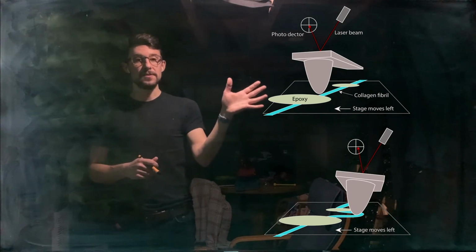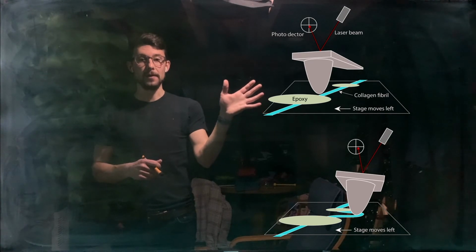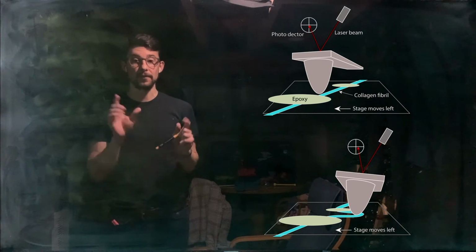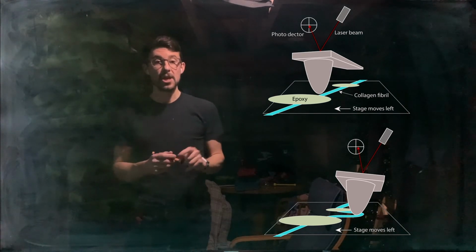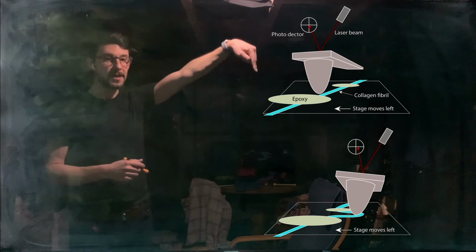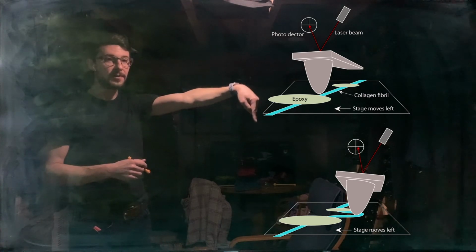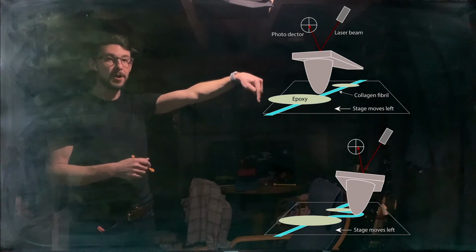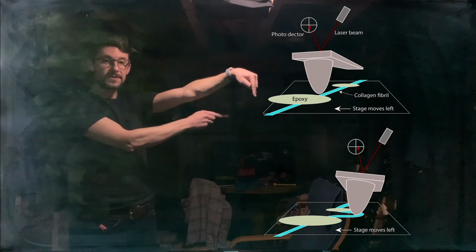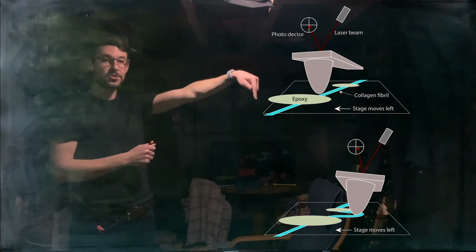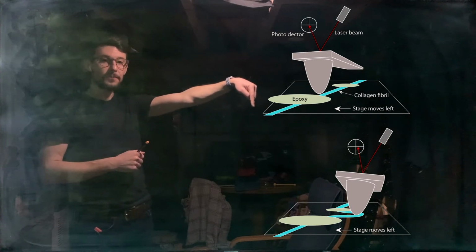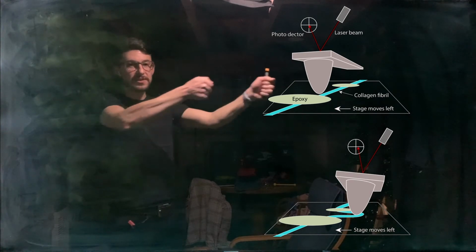Now, Andrew used this atomic force microscope in a way that it was not designed to be used. He used it as a very small mechanical loading device, where he'd take the tip of the cantilever, press it down onto the glass slide in front of this segment of the fibril held by the epoxy strips, and then shift the glass substrate laterally so that the tip of the AFM cantilever stretched the fibril out just like a bowstring.